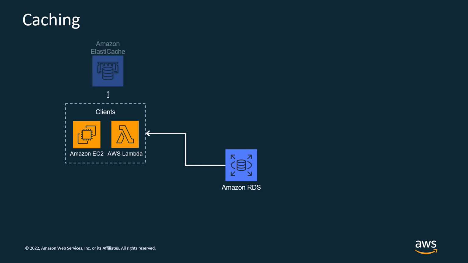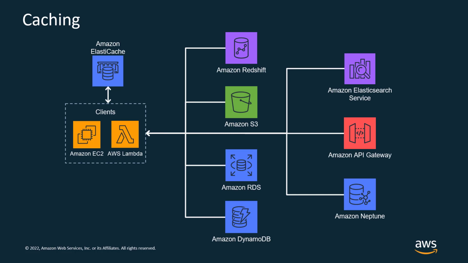Now, can we cache more than just relational database queries? The answer is yes, we can. The data can be coming from RDS, S3, Redshift, or an API call where you retrieve data from an underlying or legacy application. That result can be cached in ElastiCache.